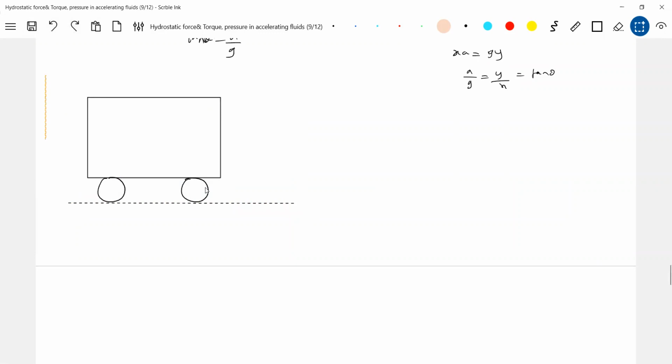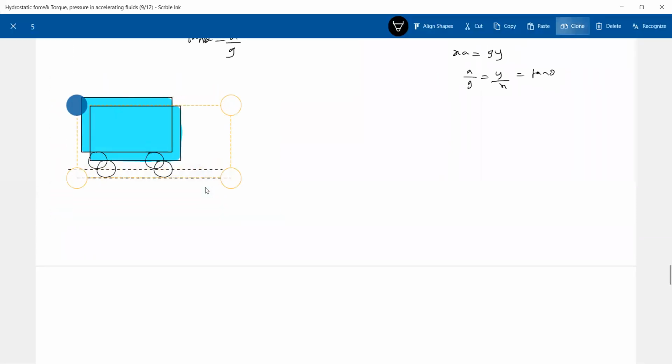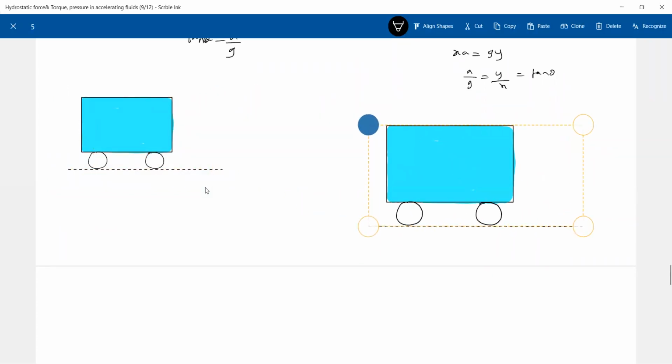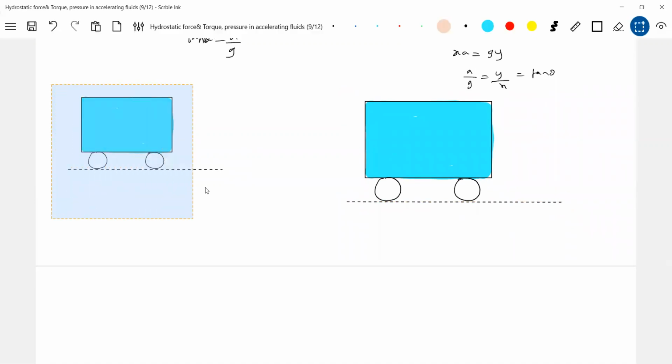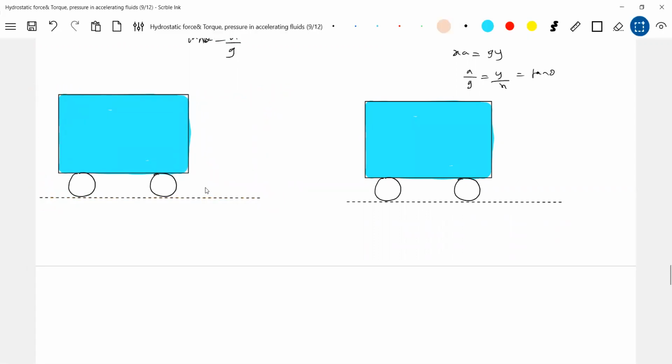So it was at rest initially. Now let it accelerate.